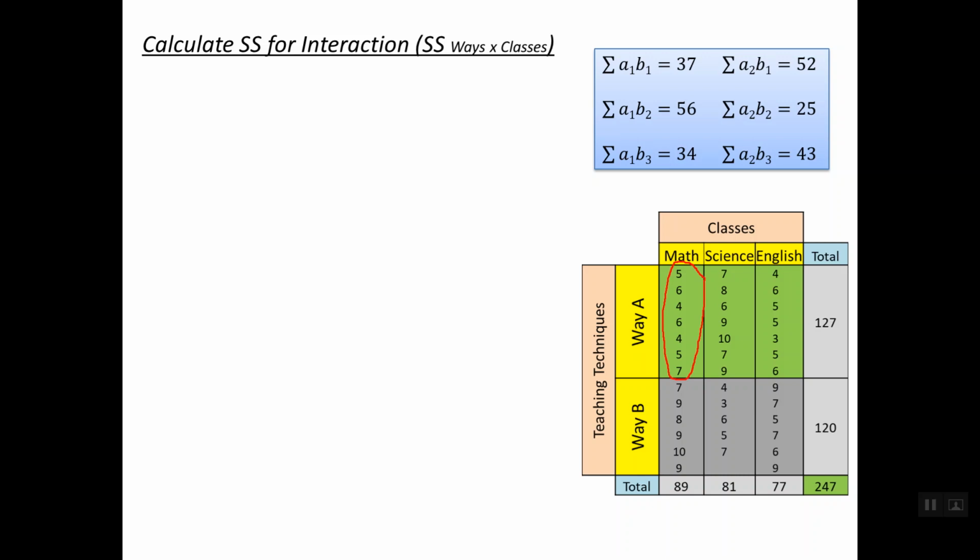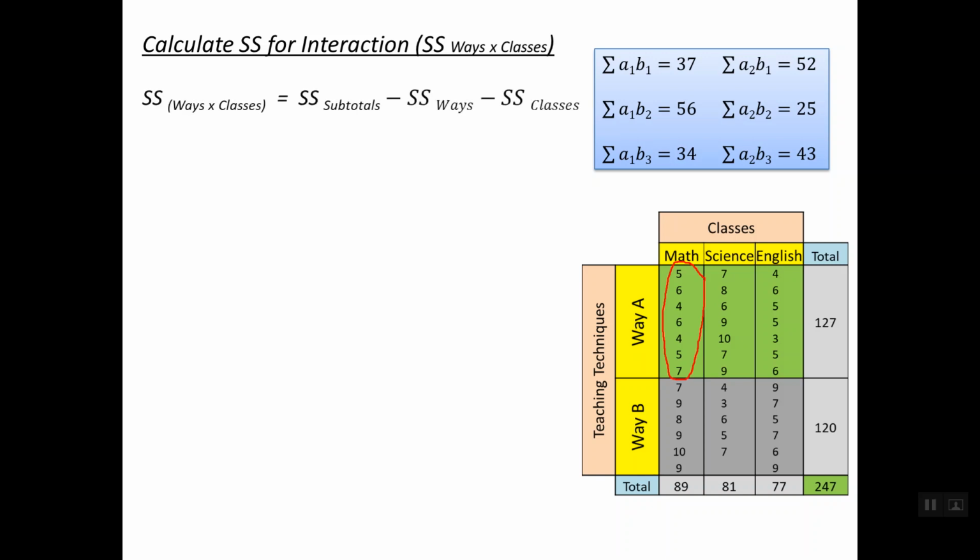This group represents the math class, which has been taught by using way A. We need to have the sum, and we need to know the number of observations. The same technique we need for all the 6 groups.